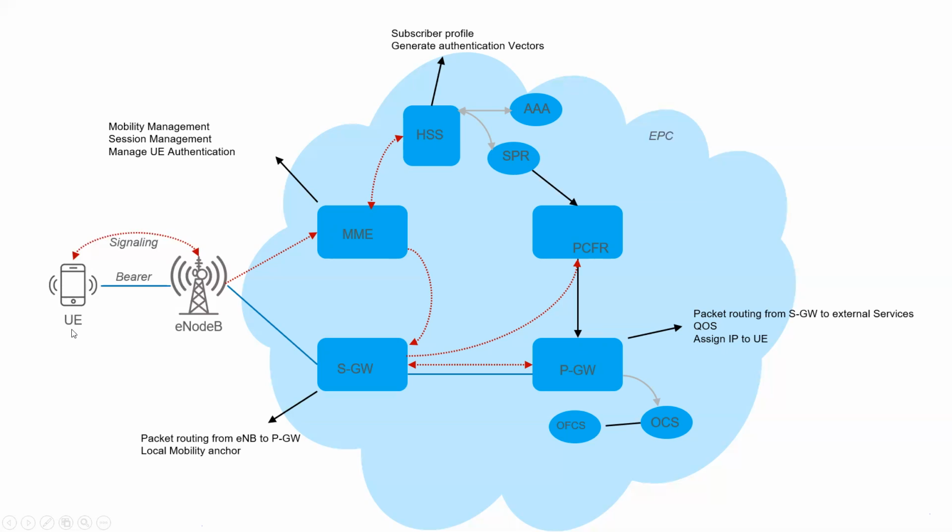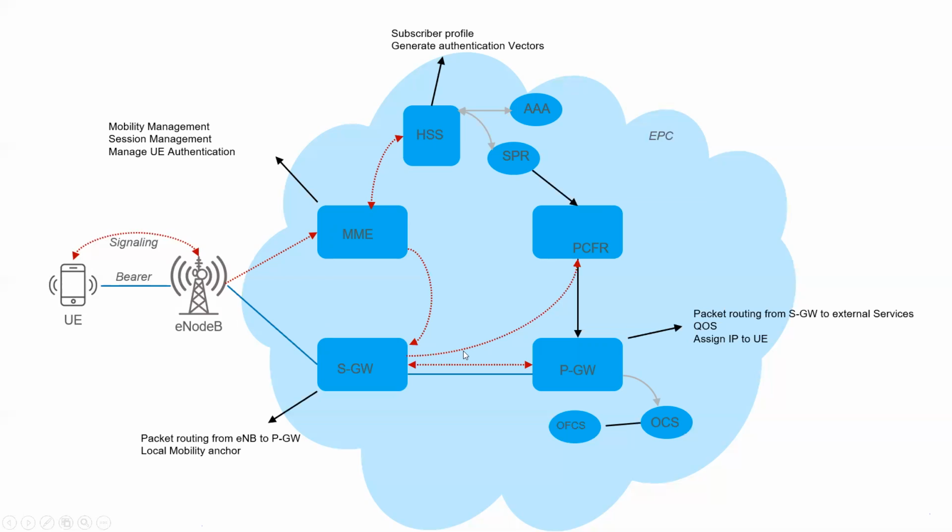So for example, this UE, the user equipment, which contains the SIM card and the mobile of a user, can traverse from one eNode B to another eNode B, right? During this time, the session should still be managed.